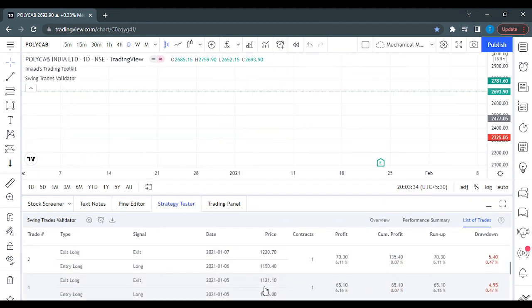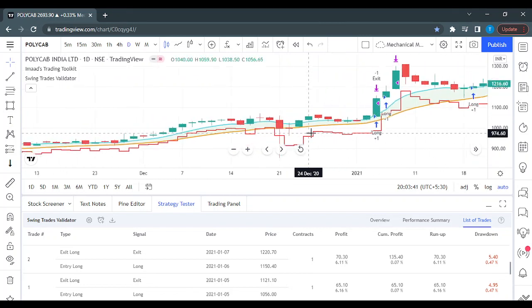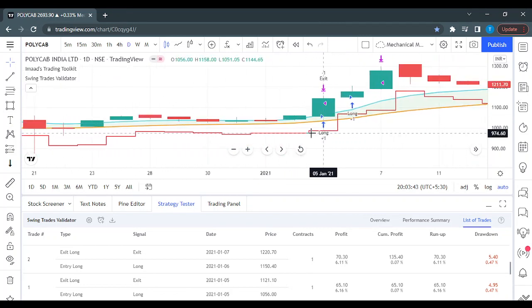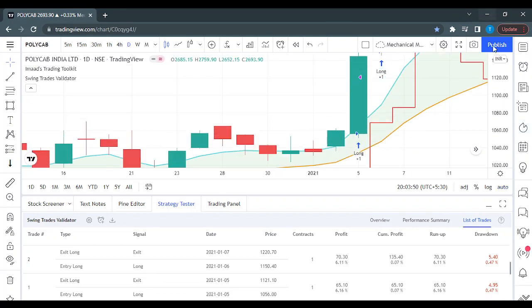Now, let me go to the first trade that was taken on this particular setup. You see this on the daily time frame. I entered after I got a pullback failure.